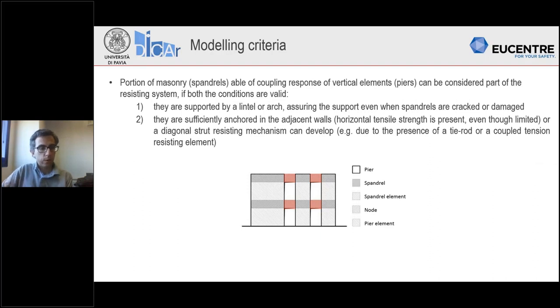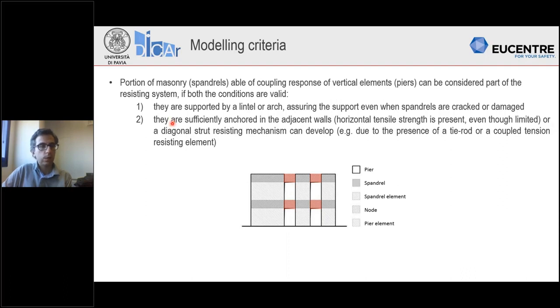A portion of masonry able of coupling the response of vertical elements, which are the so-called spandrels, can be considered part of the resisting system, provided that two conditions are valid. First, they are supported by a lintel or an arch, which is assuring the support even when spandrels are damaged or cracked.